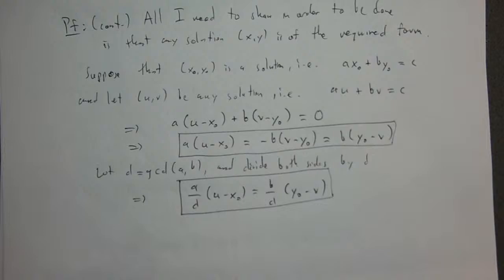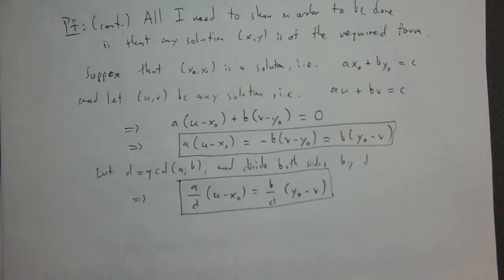In this expression, what we're going to try to say is that a over d divides the right-hand side. But if a is the one that is 0, what would that mean for us? That's a slight problem because a over d itself would be 0, and we wouldn't say that a over d divides the right-hand side, since we don't consider 0 as dividing anything.